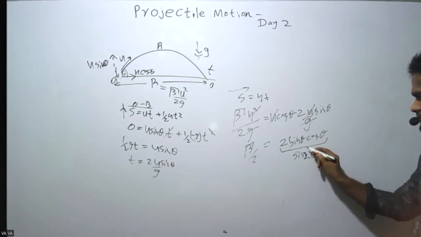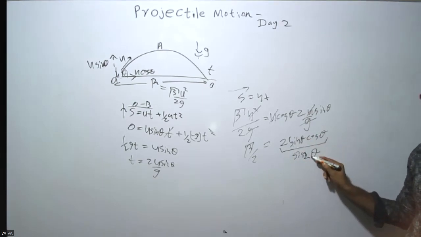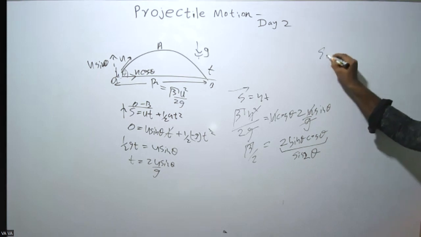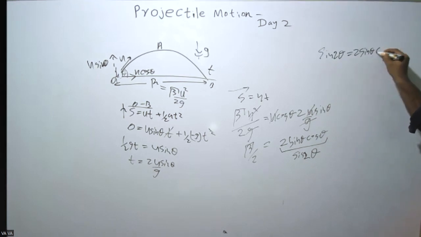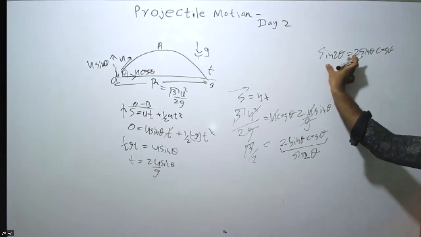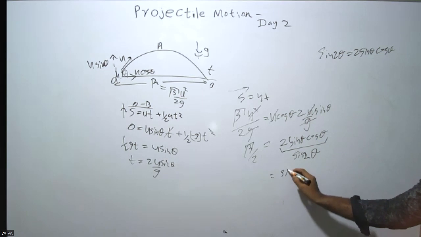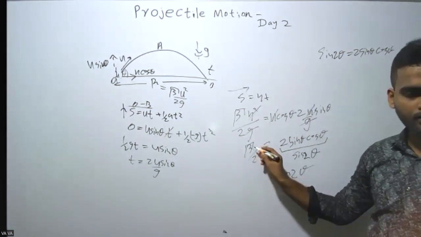You need to remember this. Instead of 2 sine theta cos theta, you can apply sine 2 theta. So sine 2 theta is root 3 over 2.